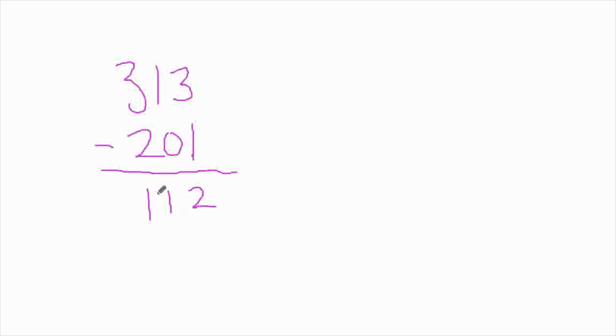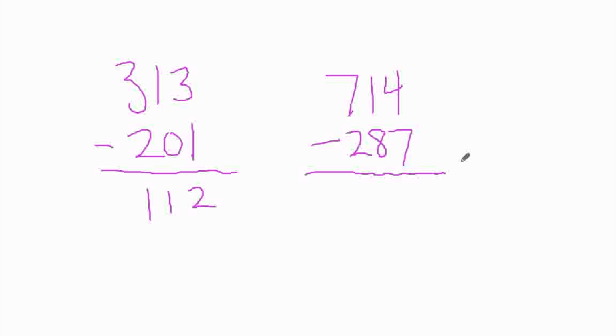Now let's do something that might be a little more complicated. What if I had 714 minus 287? Think about the trick we did for addition where we were shuffling some, messing with other columns to help us out.